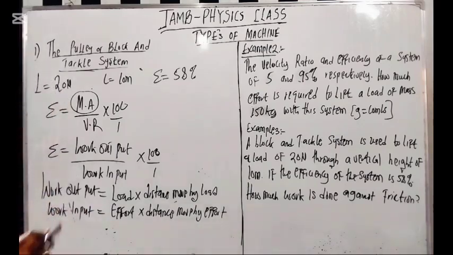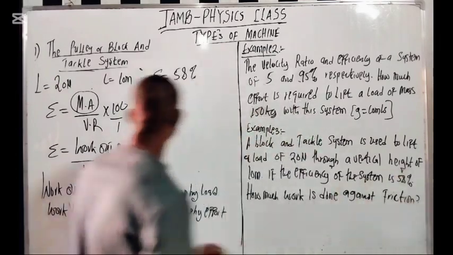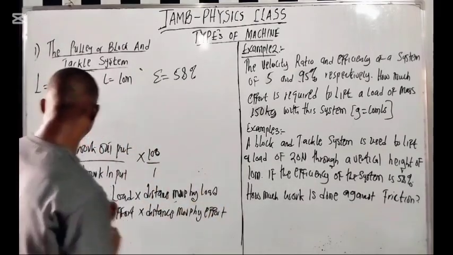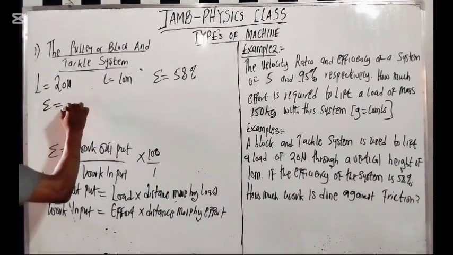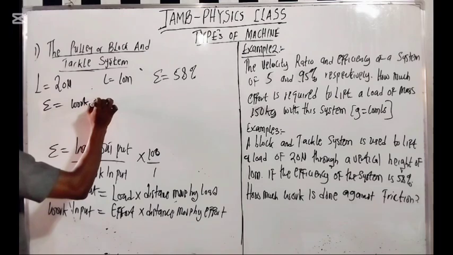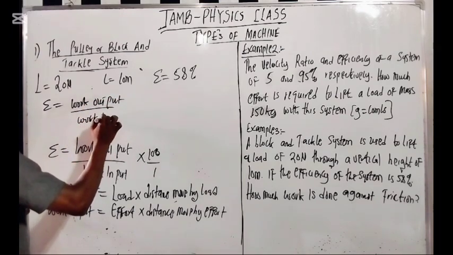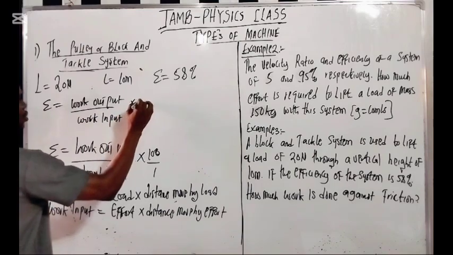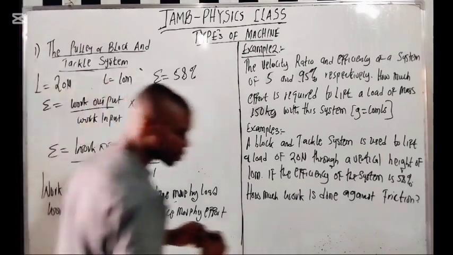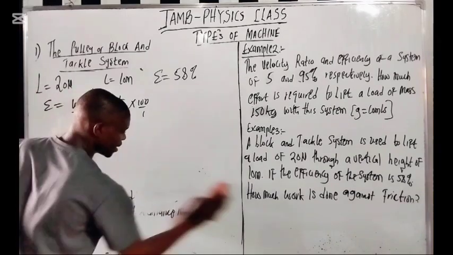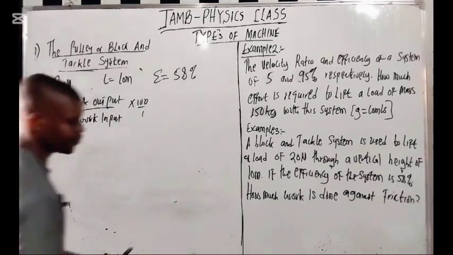Okay, so with this now, I can write the formula again: E equals work output over work input times 100 over 1. Let me calculate the work output first.